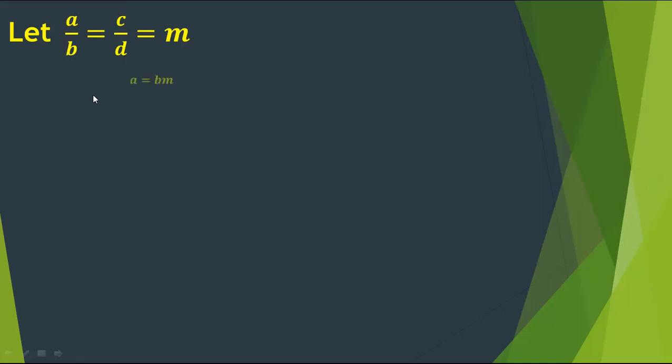Then A equals BM. I said consider M, its denominator equals 1. And cross multiplication, A times 1 equals B times M. Then A equals BM, and C equals DM.